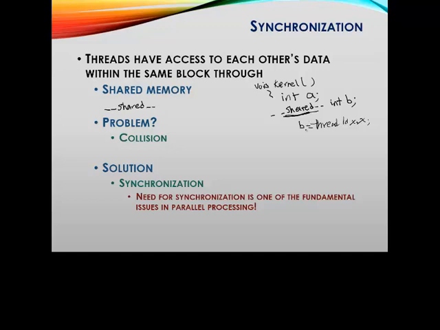Now, the problem is that if I run this as a kernel with one block and 300 threads, all of the threads will have access to b, and all of them want to write their thread index into b. So what is going to be b? Since I have 300 elements trying to read and access this memory unit, I will eventually have a collision happening in there, and I would have to resolve that problem. So the problem of collision is there.